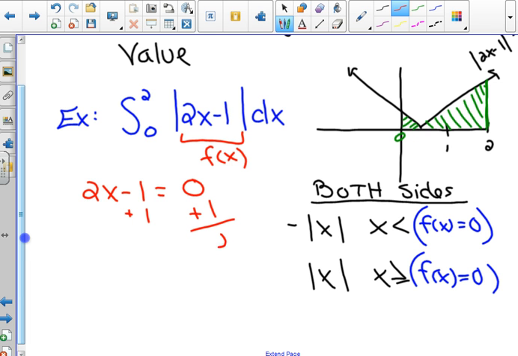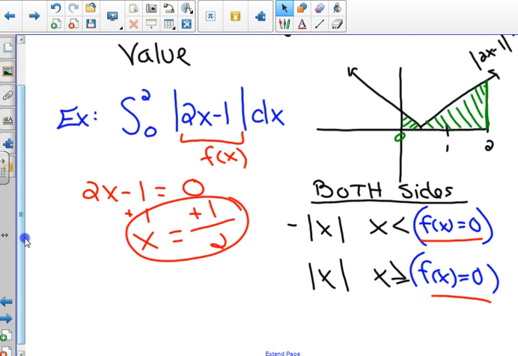So x equals 1/2. This 1/2 is what would make our f of x equal to 0. So that's what you're going to set on the other side of your inequality with dx. I just thought the notation is kind of funny in the book. That's all they're talking about: what would make your function equal to 0.